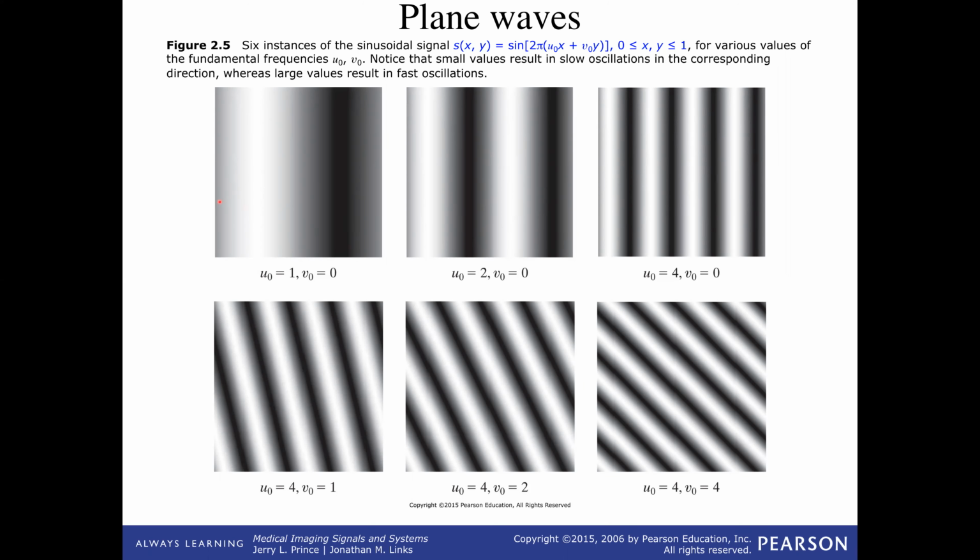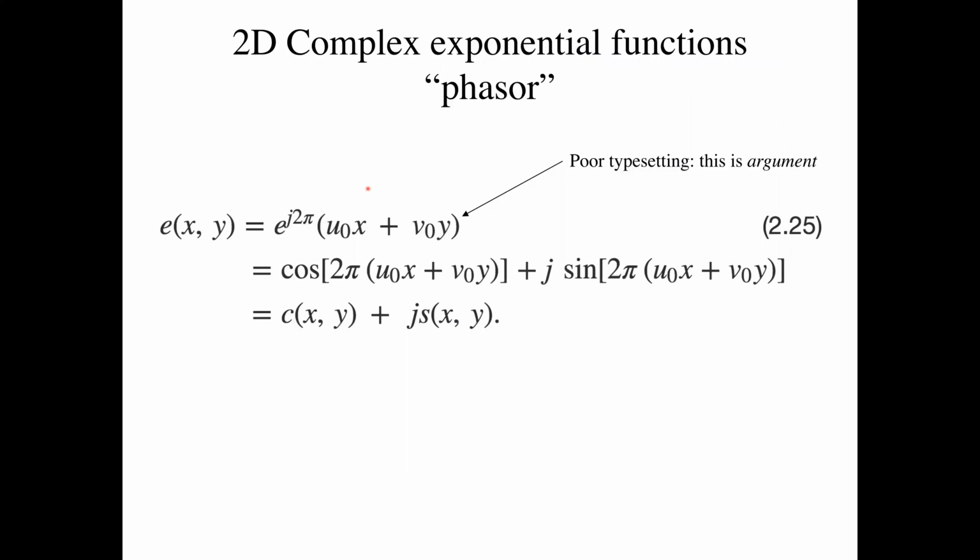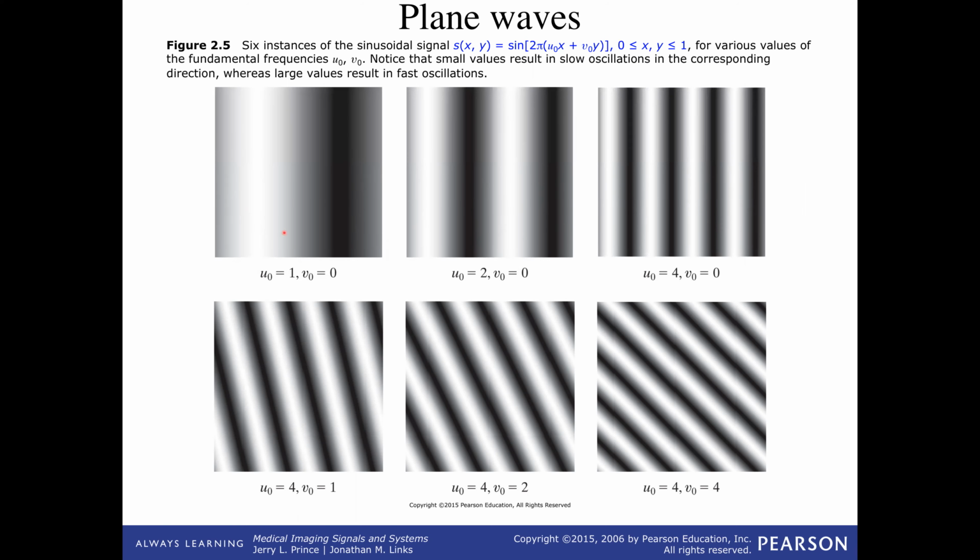That means as we run along in the x values, with mu sub 0 equal to 1, we're going to go through the cosine function. It creates a plane wave such that I have oscillations in the X direction. I do not have oscillations in the Y direction. When I switch that constant to 2, I get twice as many oscillations as a function of linear dimension. 4, twice as many more.